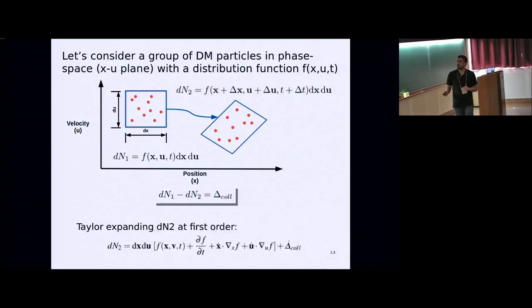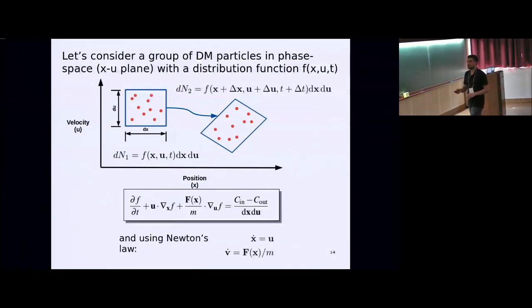So that is the only term that should remain if you take the difference between these two numbers. So now you can do a Taylor expansion to first order, and then you end up with this expression. So it's f evaluated at x, u, and t, plus derivatives of f with respect to time, position, and velocity. Right? And then we have this collision term.